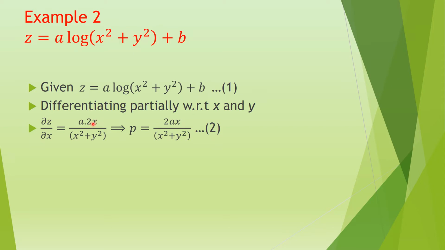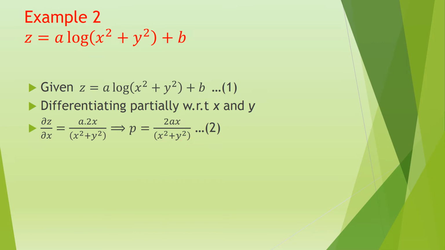Since here we are differentiating partially with respect to x, the derivative of x square is 2x, the derivative of y square is 0. Therefore, in the numerator we have to multiply 2x. So it is 2 into ax divided by (x square plus y square). So we'll rewrite it as ∂z/∂x, we have the notation p is equal to 2ax by (x square plus y square). Let me give this as equation number 2.